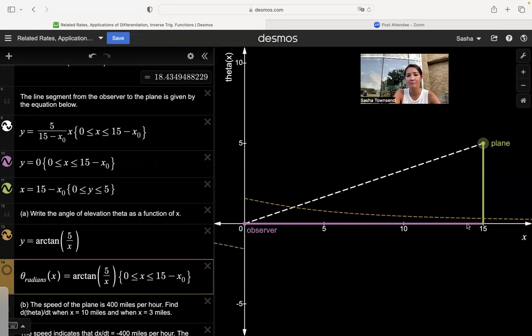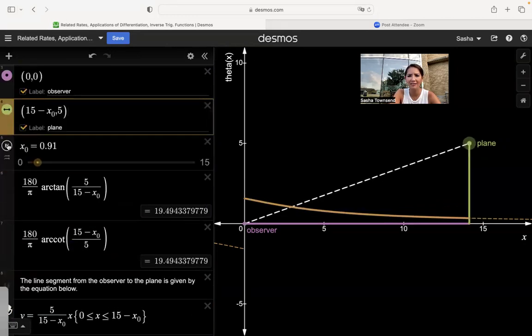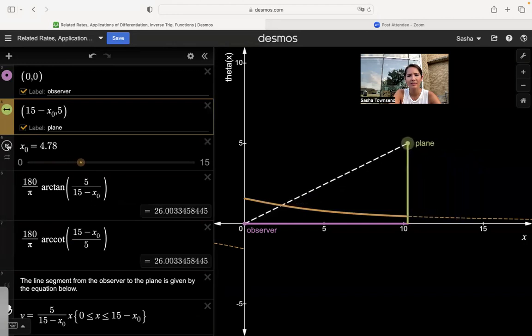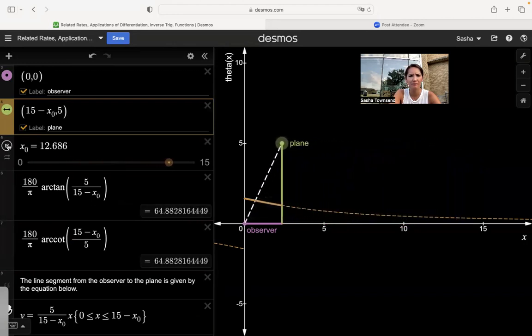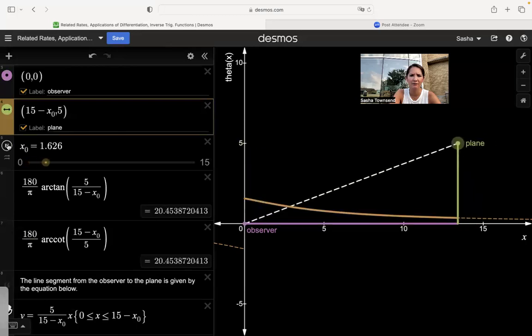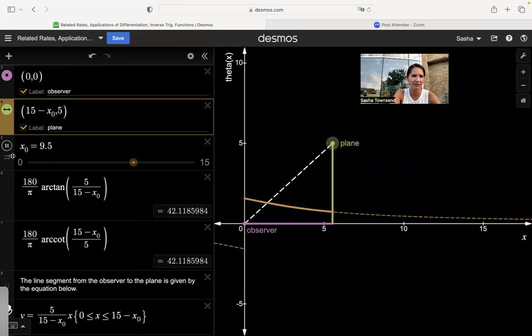I've been using 15 minus x naught, and as x naught increases, that plane gets closer to us, so x actually shrinks. So if we run the animation again, that orange function is arctangent of x, or arctangent of 5 divided by x.